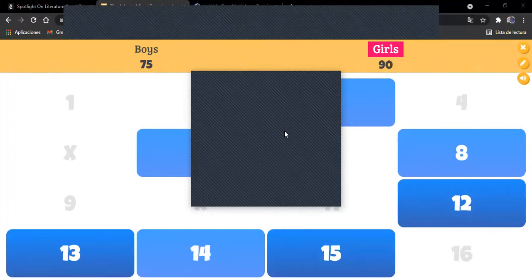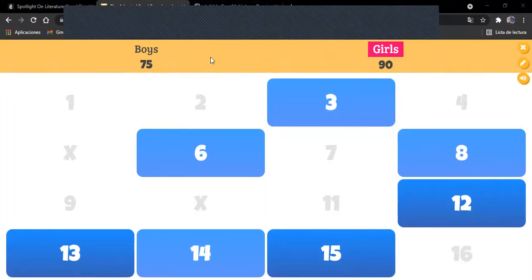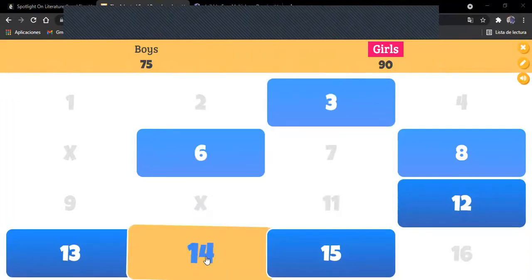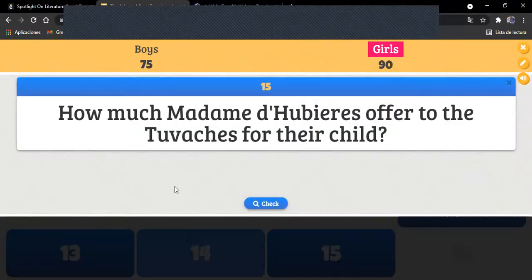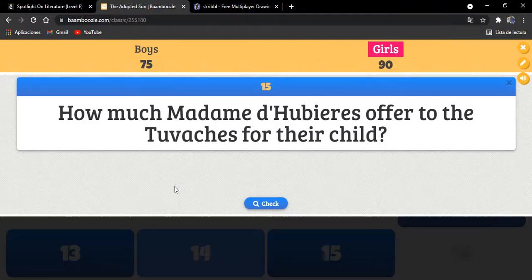Iris. Let me see, 14. For 15 points, we're talking about money, how much did Madame de Huviers offer to the Tuvach for their child? How much money did she offer to the family for their child?